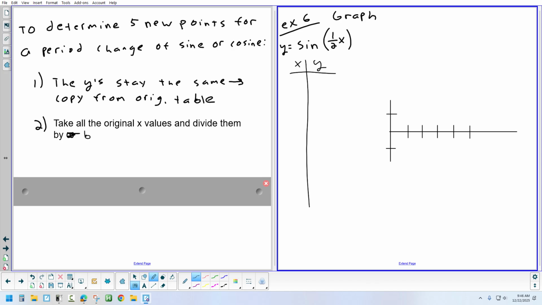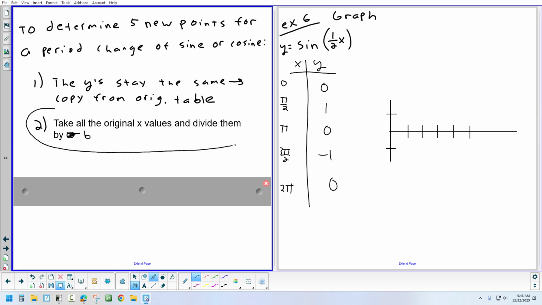Okay, so we just said the y column stays the same. What are my y values for the graph of sine? 0, 1, 0, -1, 0. Now the original x's are 0, pi over 2, pi, 3 pi over 2, and 2 pi.